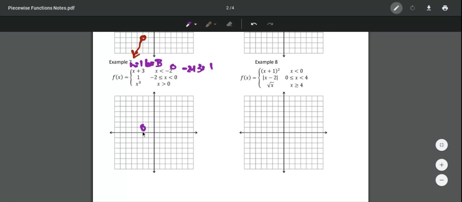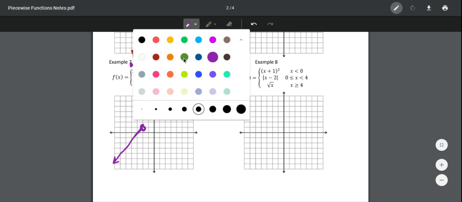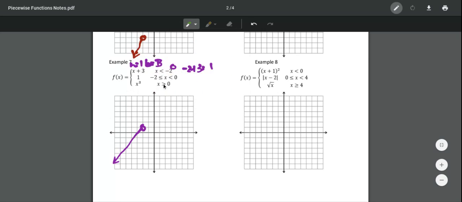I get a slope of 1. So this is this graph going this way. This graph here is at 1, at x equals -2, it's 1. Well, so that's this point here.